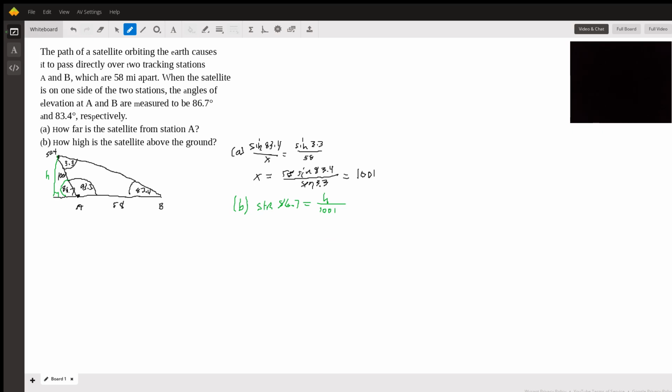So sine 86.7 times 1,001. And I get H is roughly 999. They don't give us any rounding instructions here, so I'm just going to do what's convenient for me, and I'll put a 999 in there for the height.